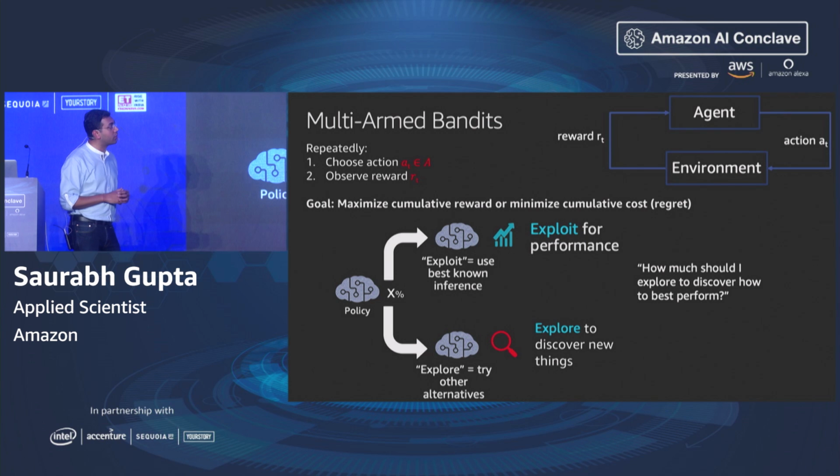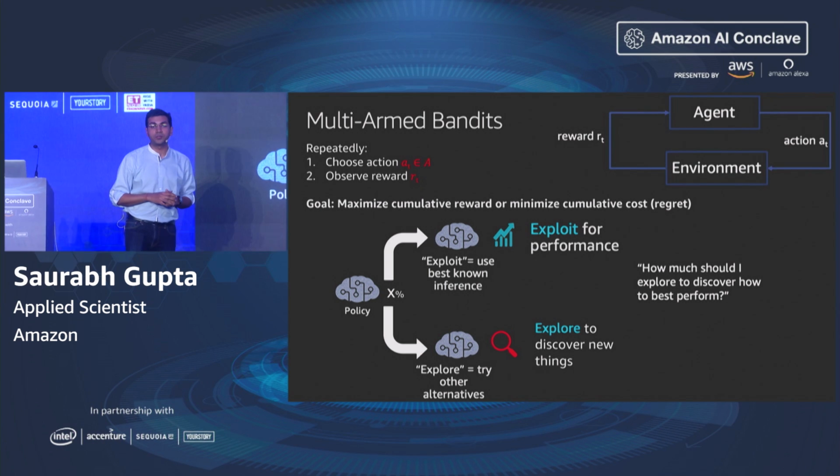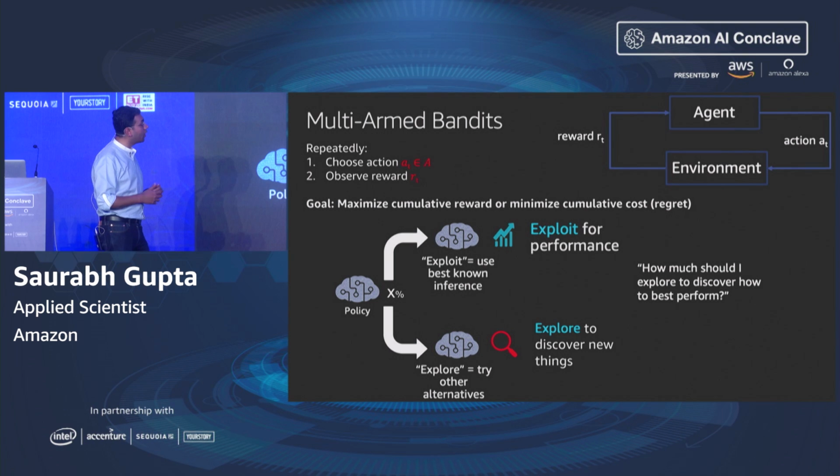And this cycle goes on and on. So the agent is basically collecting these rewards over time, and its job is to maximize the cumulative rewards. Another way of putting this is that it wants to minimize cumulative cost or regret. I'll talk more about regret in a couple of slides.